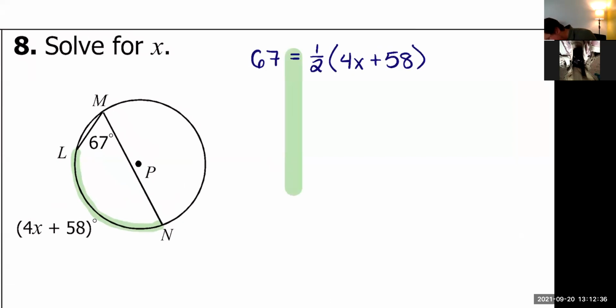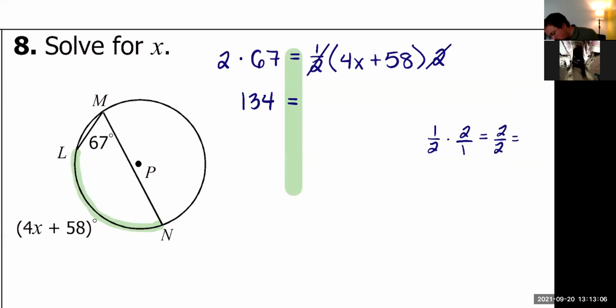So I'm going to multiply the right-hand side by 2, which means that 2 and that 1/2 eliminate. But I also need to make sure I multiply the left-hand side by 2, which is 134. Quick side note: 1/2 times 2 is 2/1, which equals 2/2, which equals 1, which likes to hide.